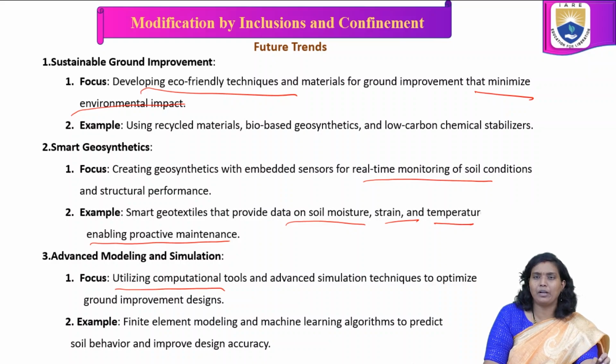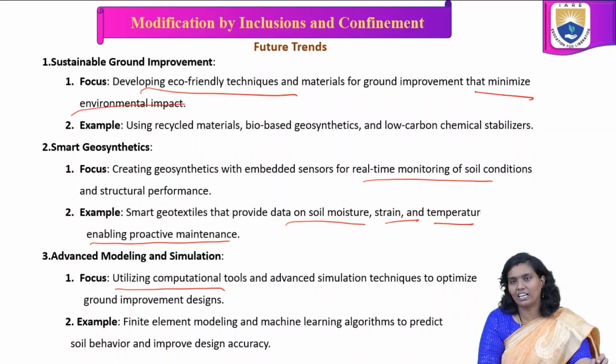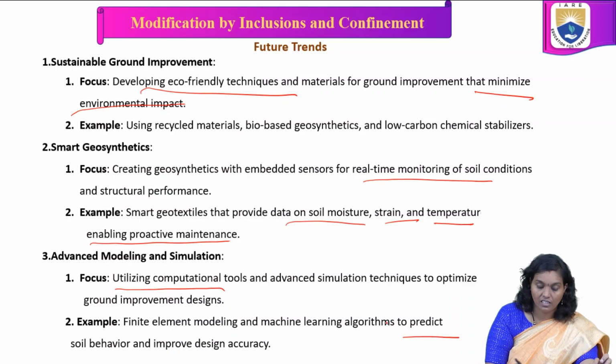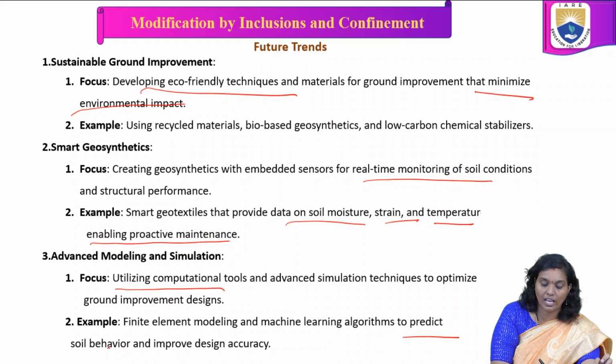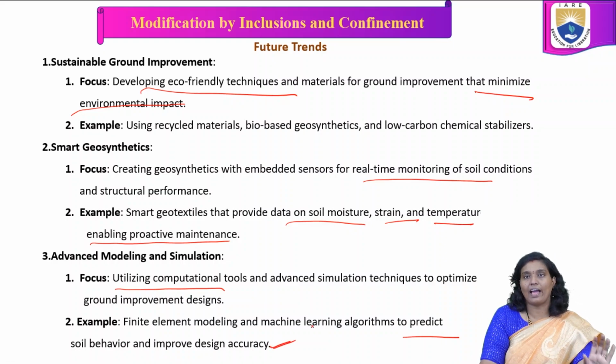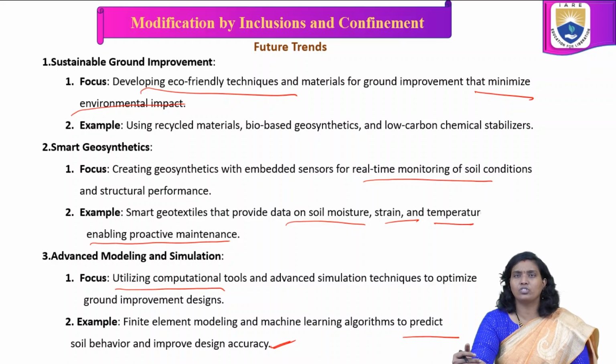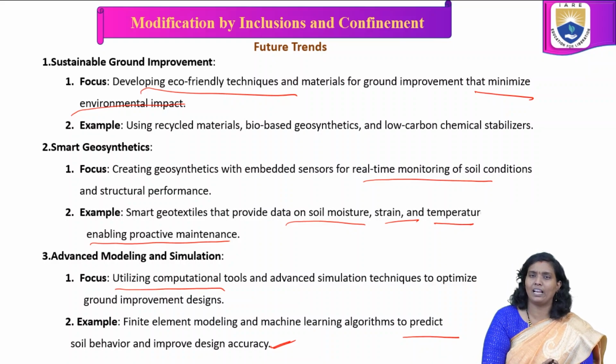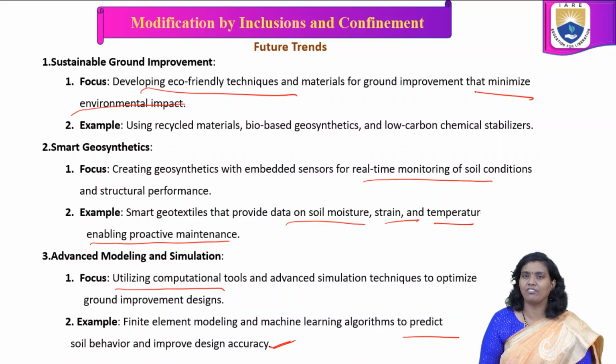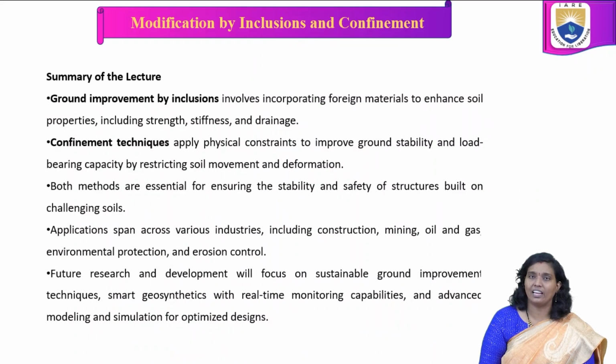Example: finite element modeling and machine learning algorithms to predict soil behavior and improve design accuracy. These are the future trends. We need to focus on more of these, which reduce the environmental effect, and we get production within less time using artificial intelligence and machine learning.